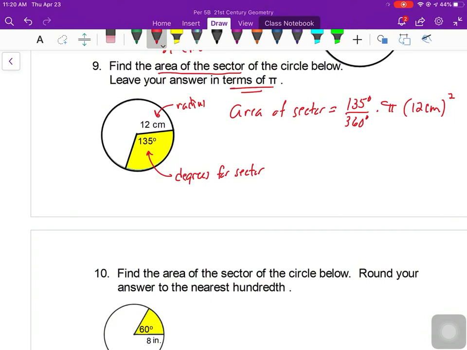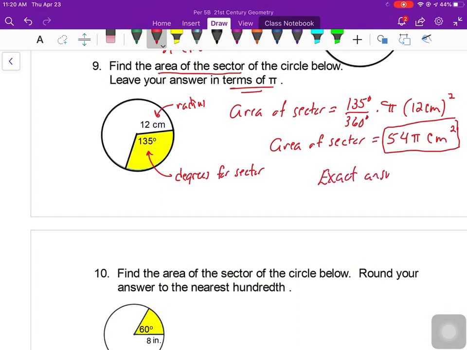Since it says in terms of pi, we will not put the pi into the calculator. We'll put everything else into the calculator. So for the area of the sector, we come up with 54 pi centimeters squared. We always have to box those answers. And of course, they're not always going to ask you for an exact answer.